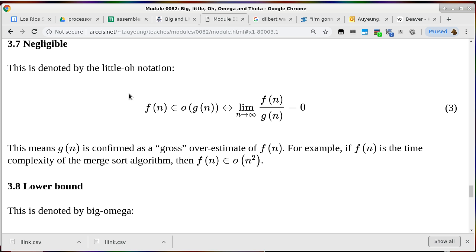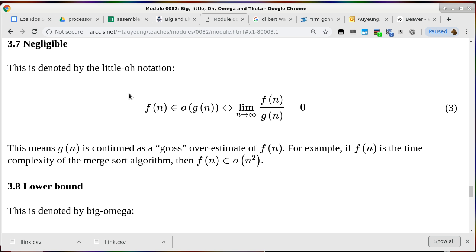Little o is known as negligible, and when you look at the definition, it says when we take the limit as n approaches infinity, is the ratio going to 0? If it does, then we say g of n is a gross overestimate of f of n.